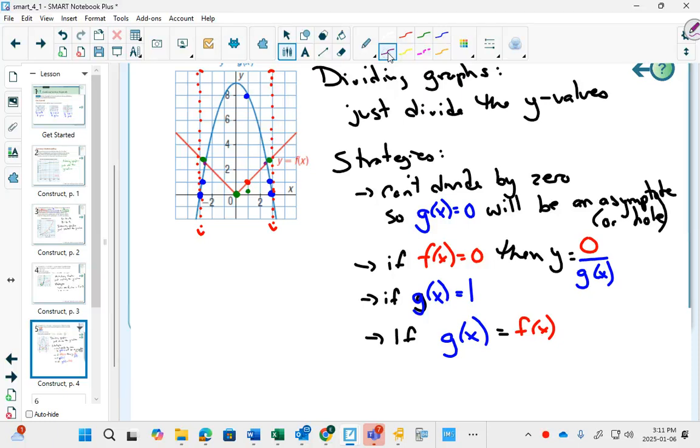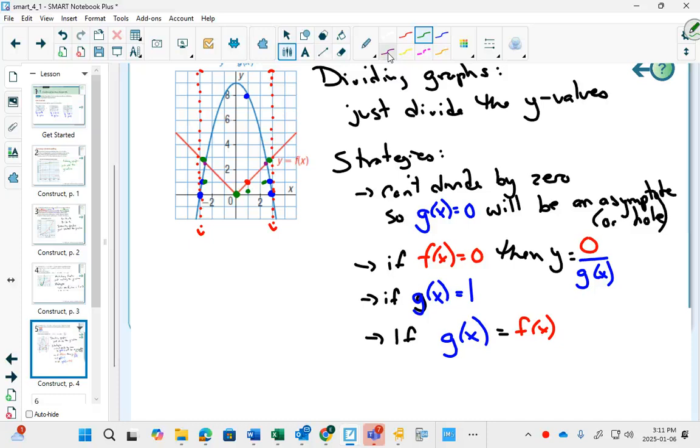Right here they're the same, right there they're the same. If they're the same, what do you get when you divide them? 1. So that is another point. So I can go straight down to 1 and mark a green point, straight down and mark a green. So those are some strategies you can use for dividing.